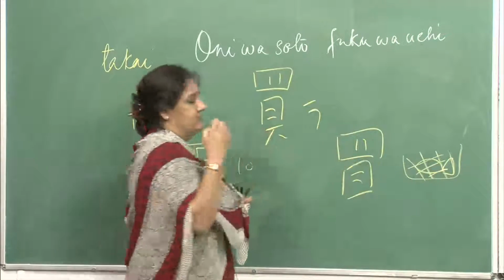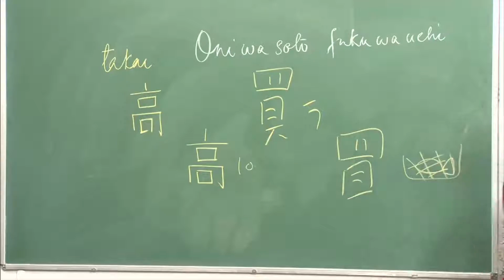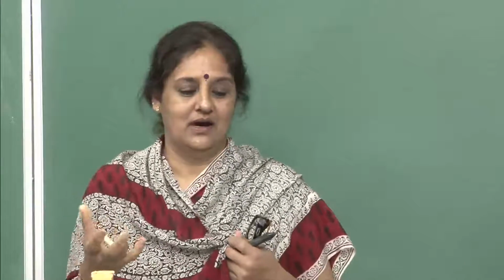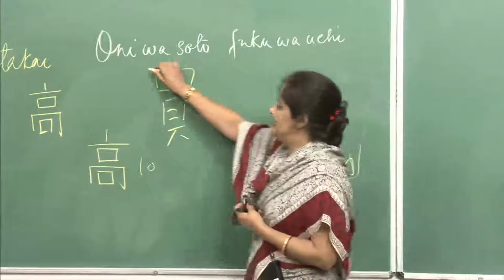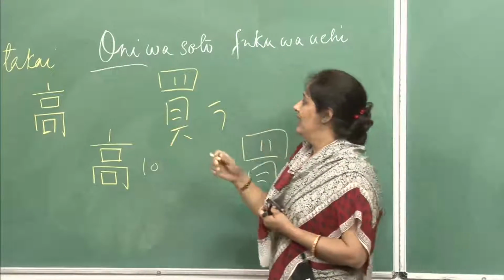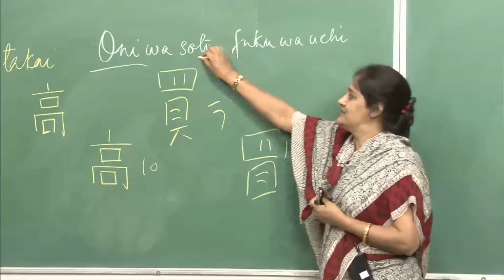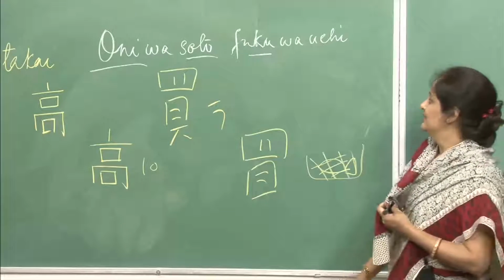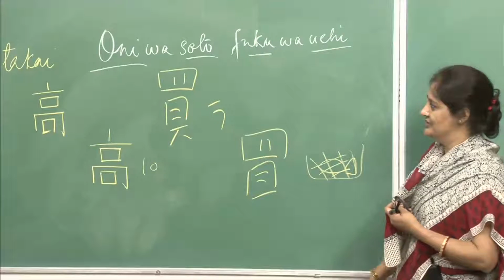This is chanted all the time, and you just take roasted soya beans in a bowl, and you throw it outside of your house. Now, Oni means a demon or evil, and Soto means outside, Fuku means good fortune, and Uchi means house, as you have already done.